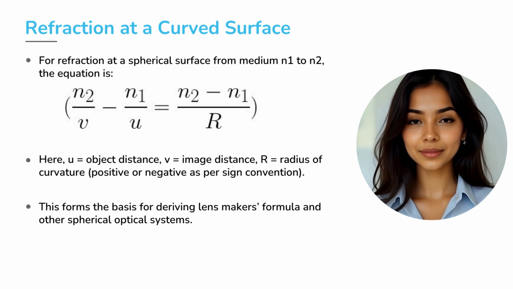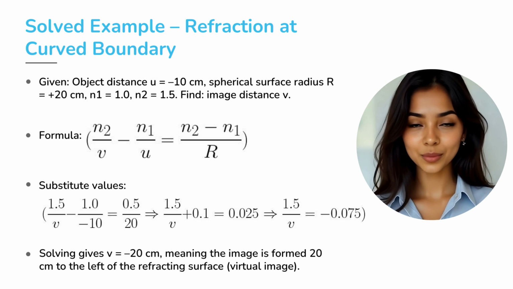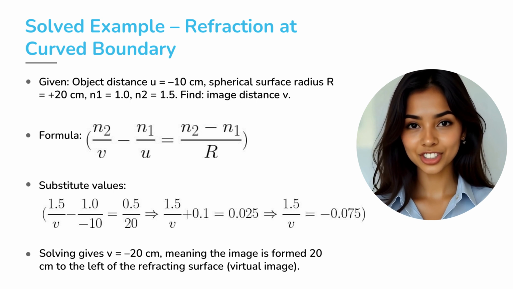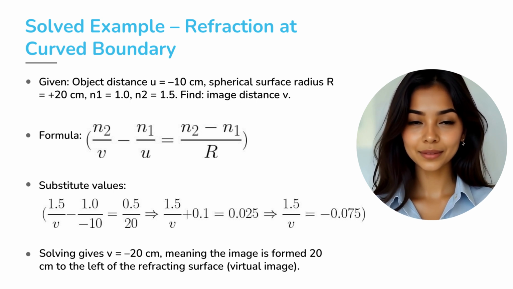Let's solve a real problem to bring theory to life. Suppose we have glass with a refractive index n1 equal to 1.5 and water with n2 equal to 1.33. What's the critical angle for total internal reflection at the glass-water interface?